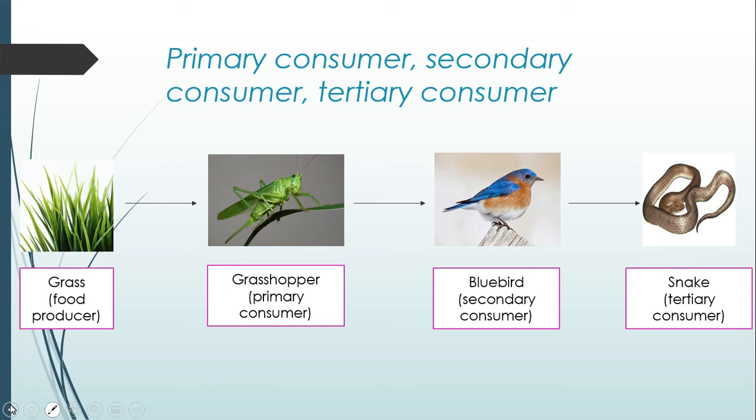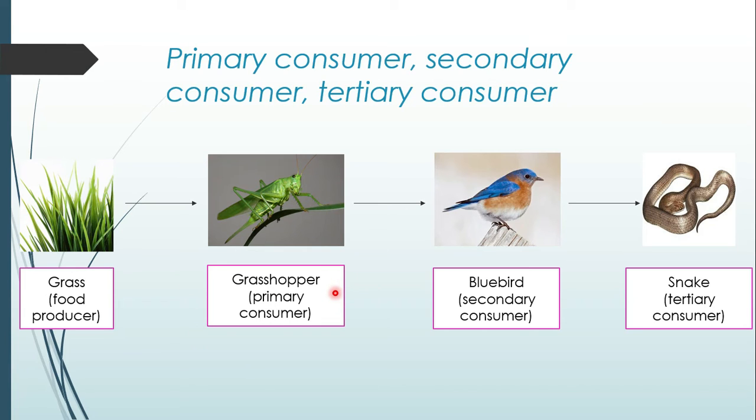And next, let's talk about primary consumer, secondary consumer, and tertiary consumer. As usual, it begins from the food producer, that's the plant, and then it is eaten by the grasshopper. It is called the primary consumer.